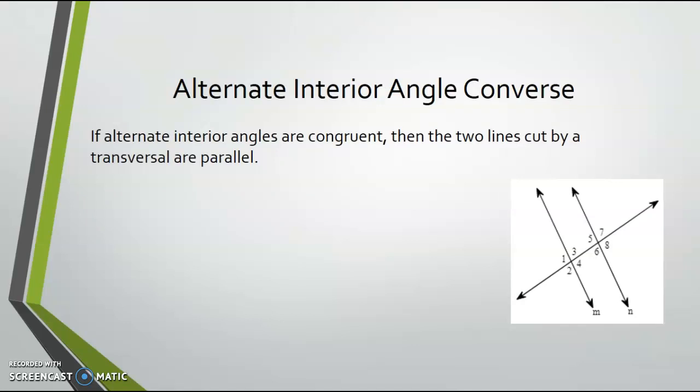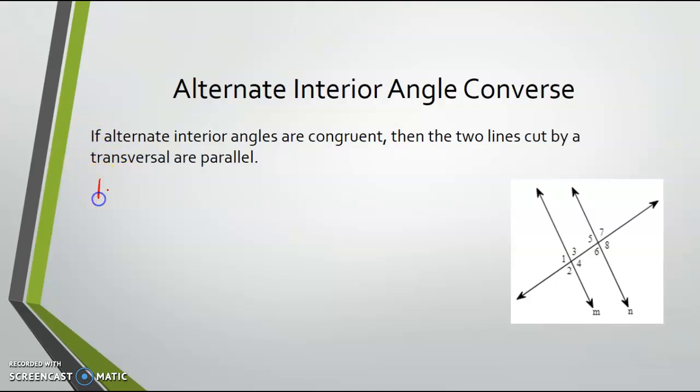The alternate interior angle converse states that if my alternate interior angles are congruent, then the two lines cut by the transversal are parallel. So again, the difference from last section: we knew the lines were parallel, therefore the angles were congruent. This time it's the reverse. If I know the angles are congruent, then the lines are parallel.